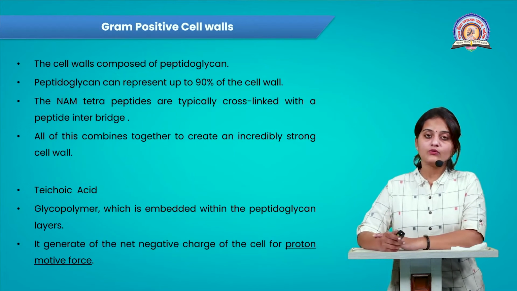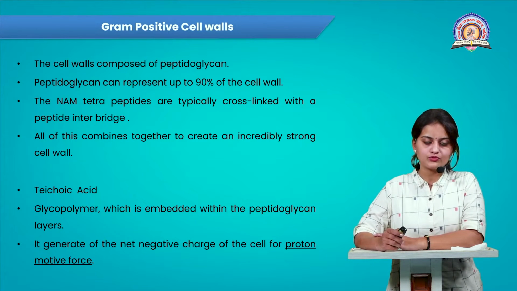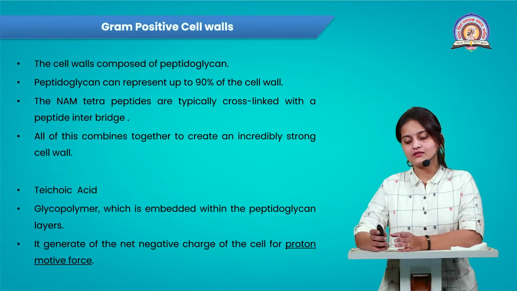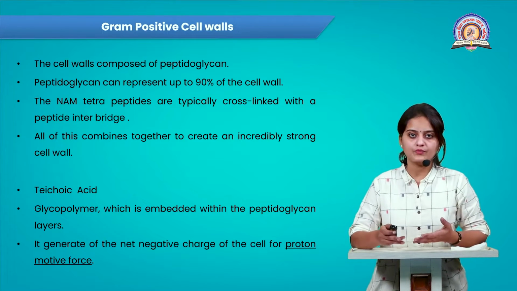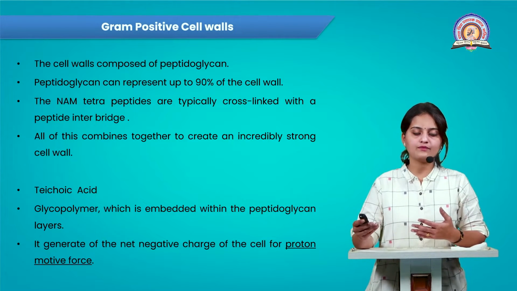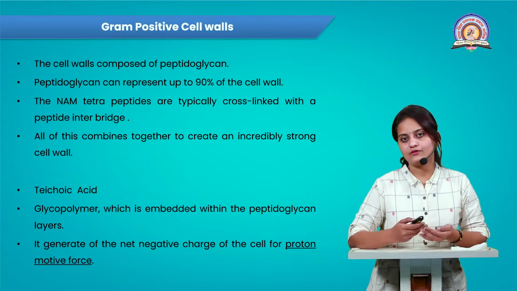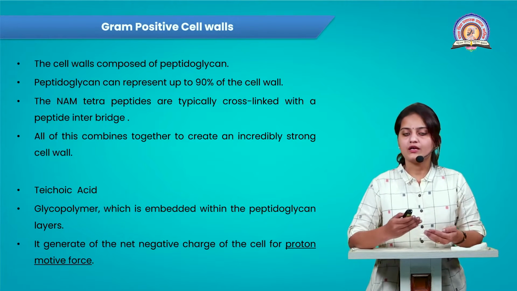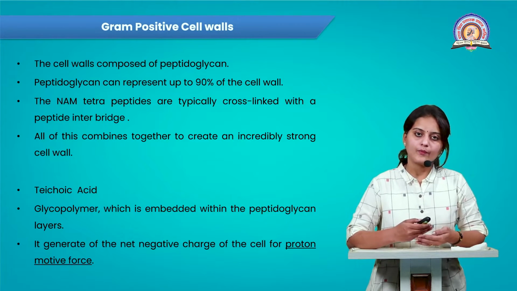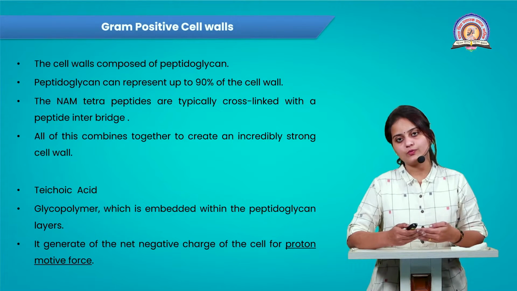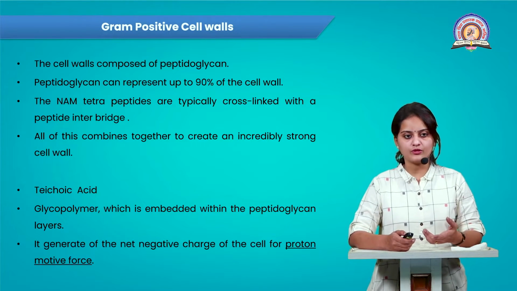Now let's focus on the gram-positive cell wall. We had already discussed gram-positive and gram-negative bacteria while we performed the staining procedure. Now what is gram-positive bacteria and what is gram-negative bacteria? Gram-positive bacteria contain thick peptidoglycan, while gram-negative bacteria contain a very thin layer of peptidoglycan.